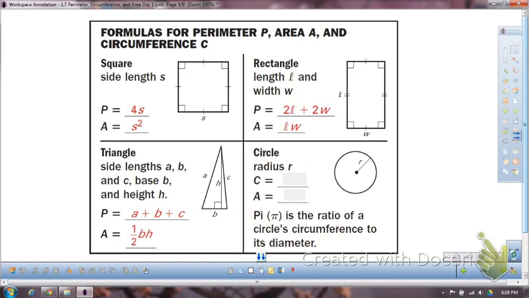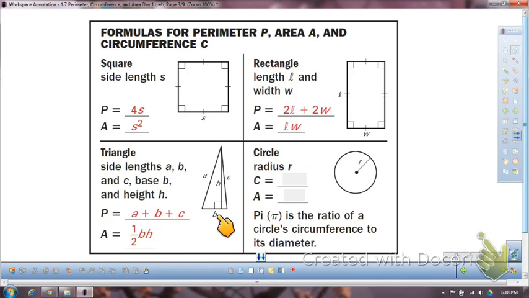You're dealing with the height and the base. It's 1/2 base times height. So the base and the height, remember, are always connected with this perpendicular mark. See how the base is the only side that you need for the area? Whereas in this one, on the perimeter, you need all 3 sides.